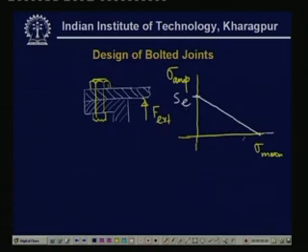Here this goes to the yield point Sy, the yield stress. Depending on the type of loading, the yield stress may be different. If it is axial loading, pure tension, and pure shear, the yield stress will be totally different. So this is known as the Soderberg line.